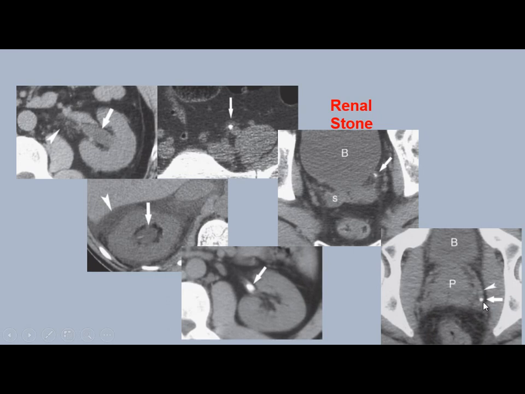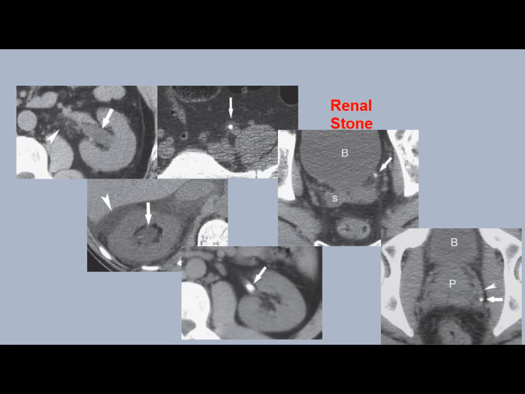But here, this points to the phlebolith. As we said, there is no soft tissue rim sign. Its location is at the level of the prostatic veins, and of course, it must be less dense than the stone, especially if you measure by Hounsfield units.